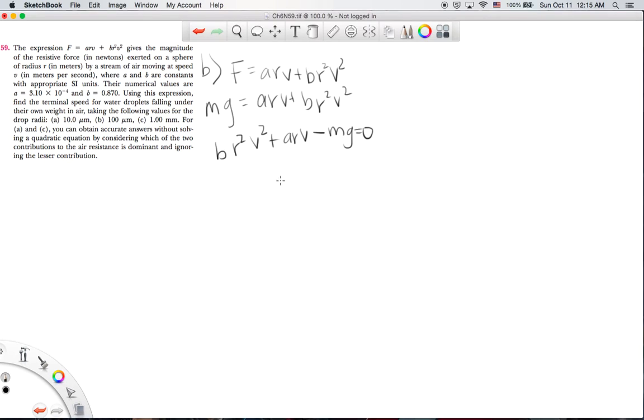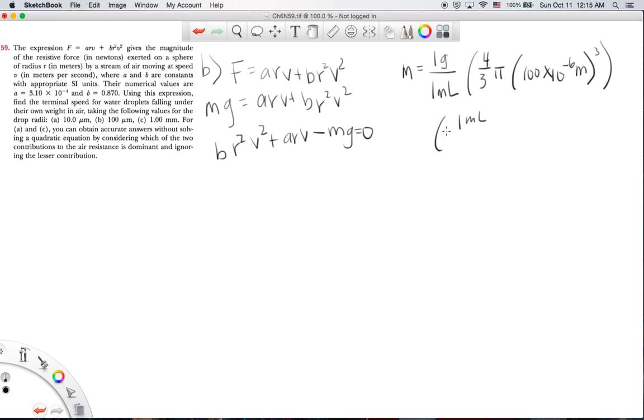equation, and except for the velocity and the mass, we have everything, but we have to find the mass. The mass is density times volume, so density 1 gram per milliliter times 4/3 pi, and then the radius is 100 micrometers times 10 to the negative 6, which gives us meters. And we're going to cube that because that's part of the formula.